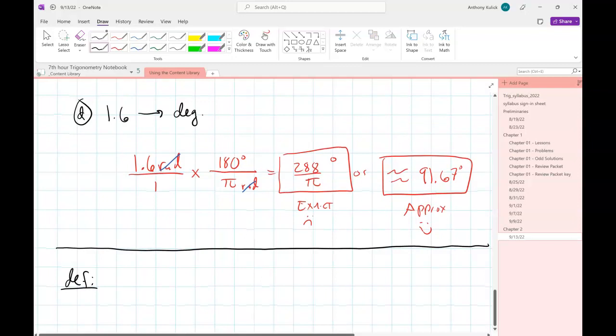Using a simple rearrangement from our definition of a radian, we can make the following definition.